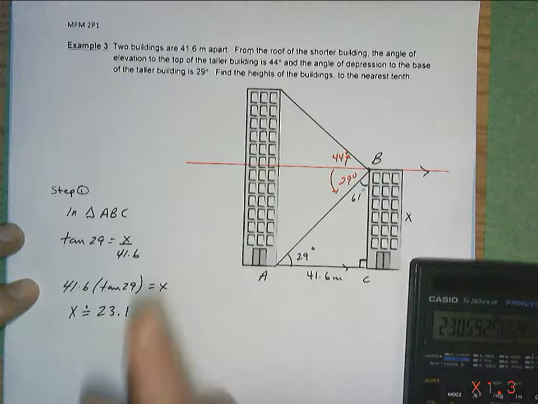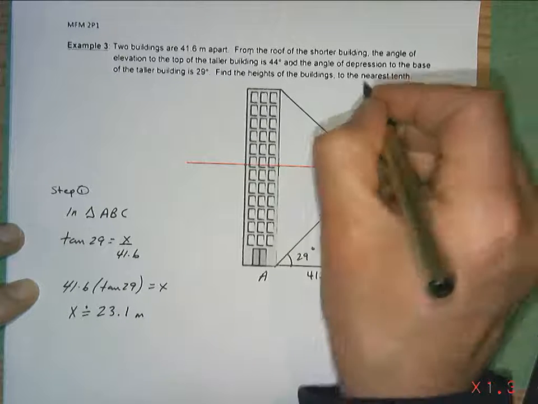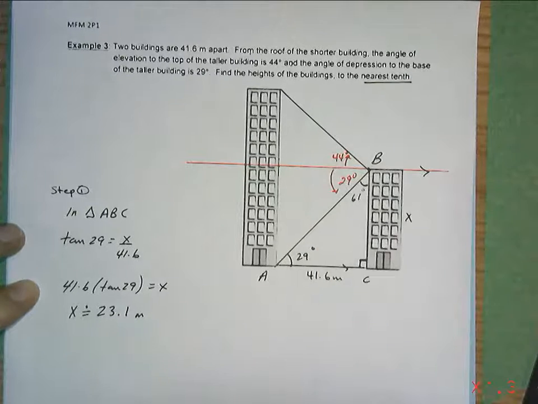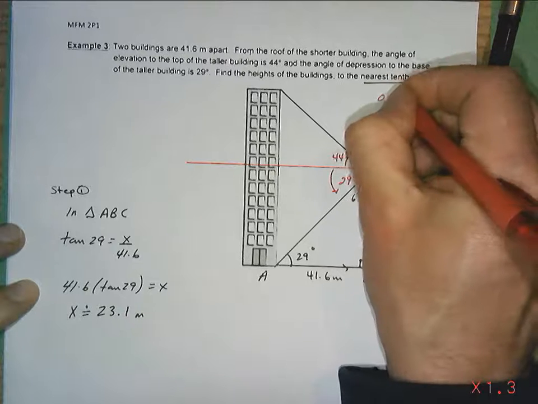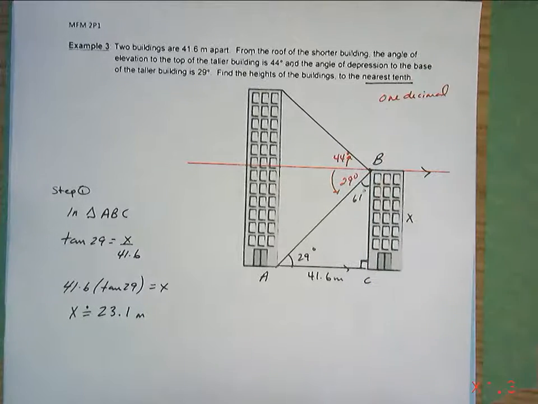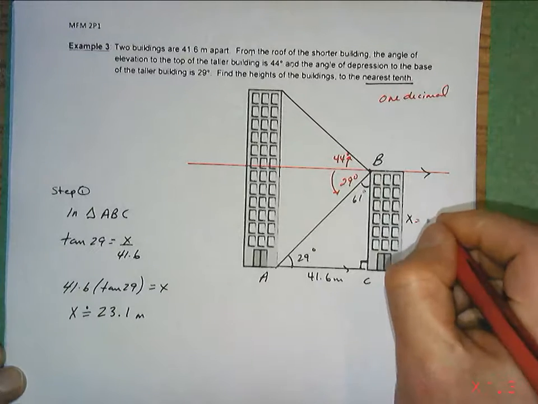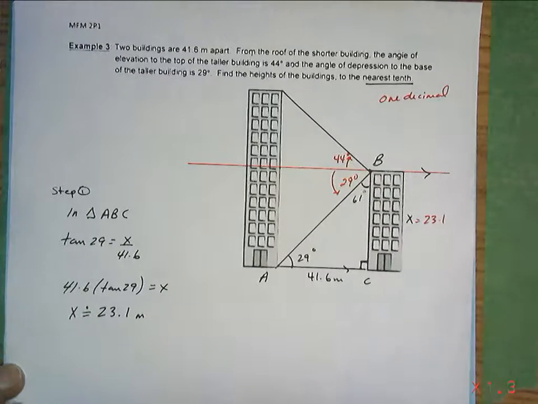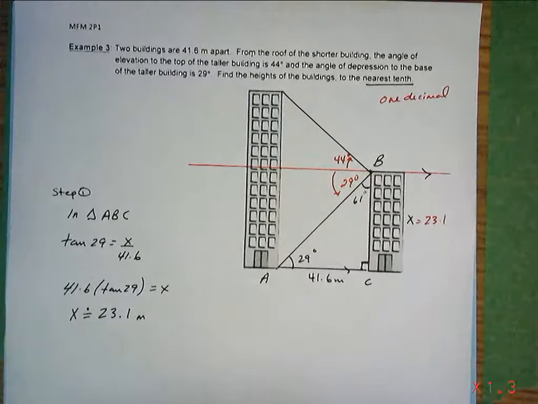And do we have a unit? Meters. So that was to the nearest tenth. Now when they say tenth, they mean 1 decimal. If they said hundredth, then it would be 2 decimals. So we've answered the first question. We know that the height of the first building is approximately 23.1 meters.